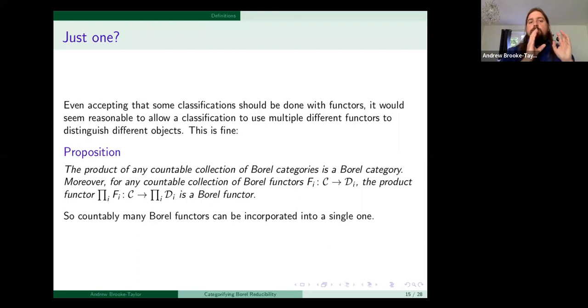If you've got any product of a countable collection of Borel categories, it's going to be a Borel category. And if you've got a countable collection of Borel functors, then the product functor is a Borel functor. So you can incorporate all these countably many invariant map functors into a single one. And so we don't lose any strength from the idea of a classification if we talk about just a single functor.